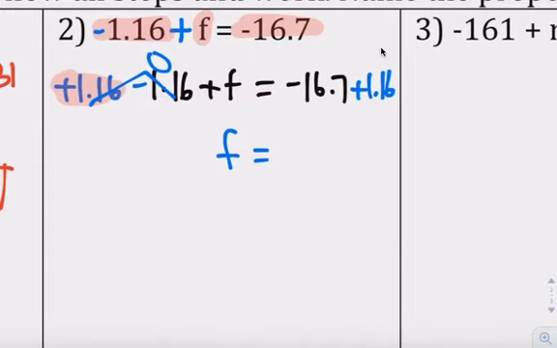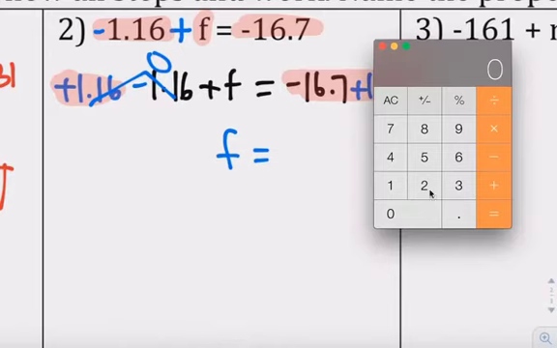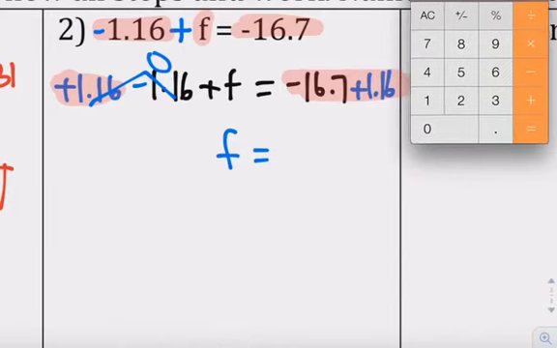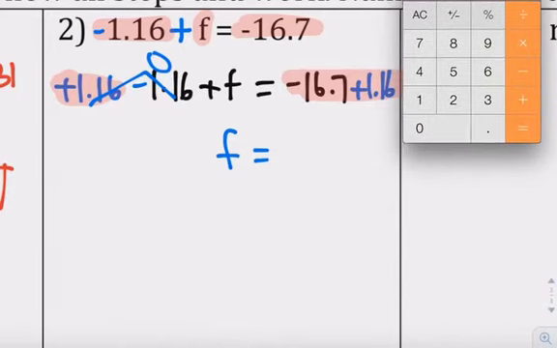You need to subtract them. It's a negative. On your calculator, press this negative button. 16.7.